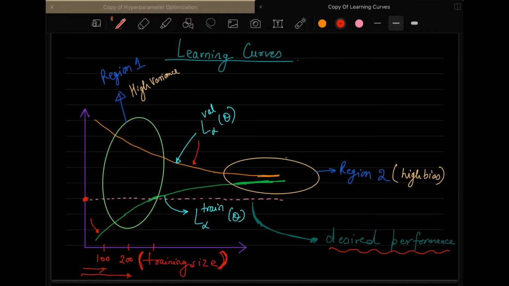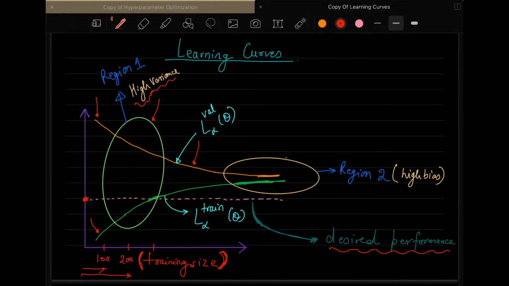If this is the desired performance, then we have two different regions for this type of curve. The first region is this one, which I am calling the high variance region. Why are we calling it the high variance region? Because it is characterized by low training error and high validation error. That's why it is called the high variance region.